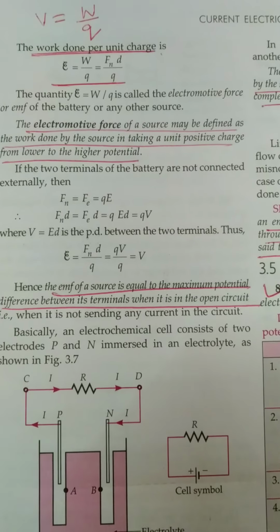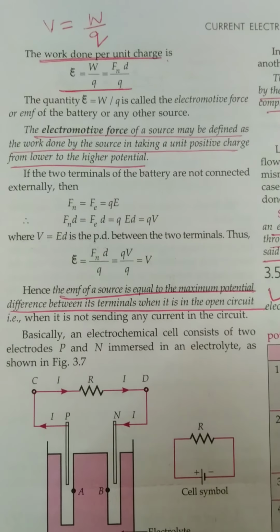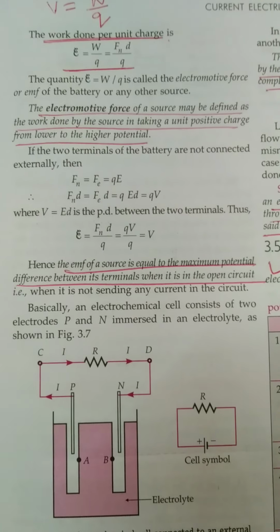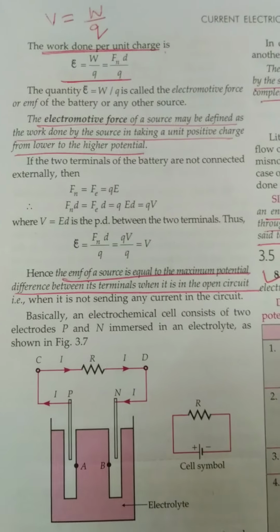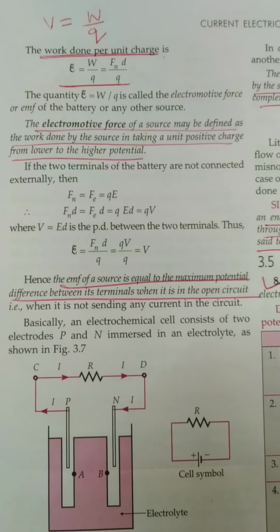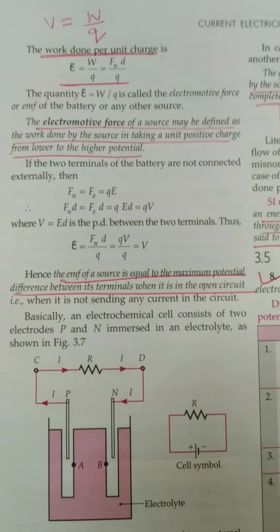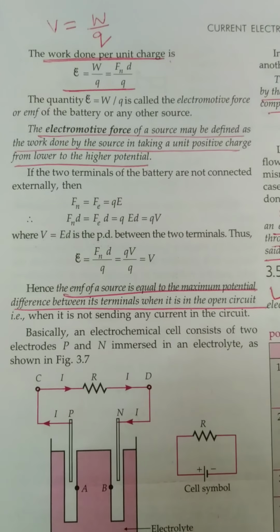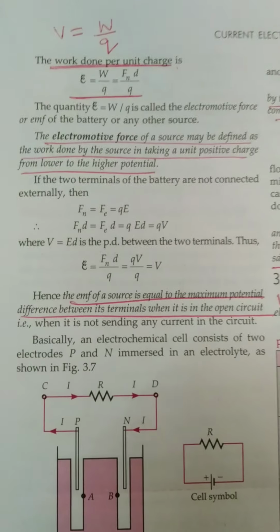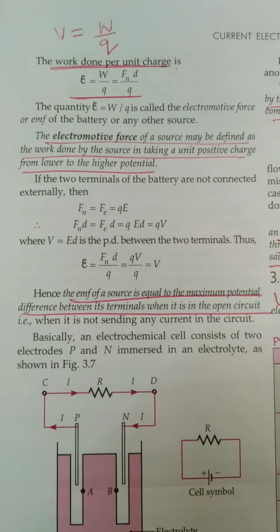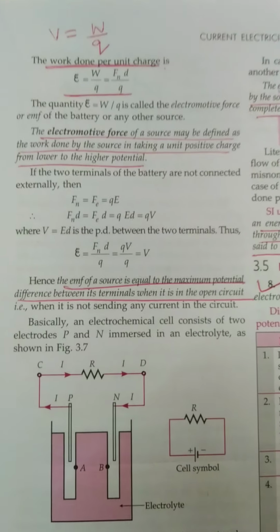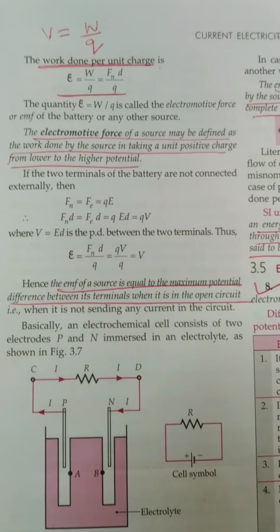But EMF is equal to the maximum potential difference between the terminals when it is in open circuit. Open circuit means a new cell, a new source of EMF. Students, when you buy a cell, the EMF is 1.5 volt. 1.5 volt is the potential difference when the cell is not in use.